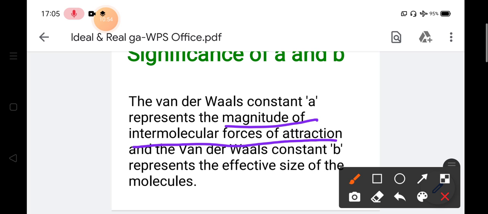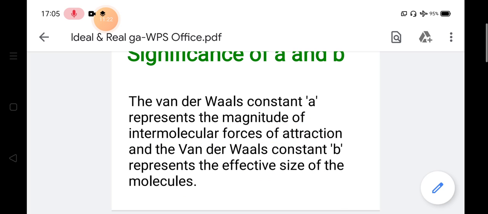The Van der Waals constant b represents the effective size of the molecule, that is the volume. It indicates the volume term. So b indicates the volume term and a indicates the forces of attraction term. Please remember the significance of a and b: a is for the forces of attraction and b is for the volume. To correct the equation we use a and b, both of the Van der Waals constants.